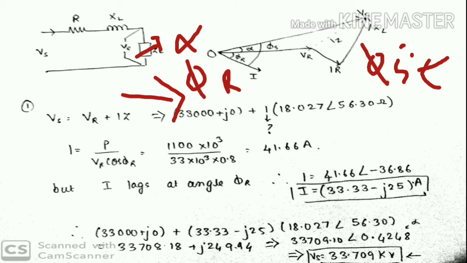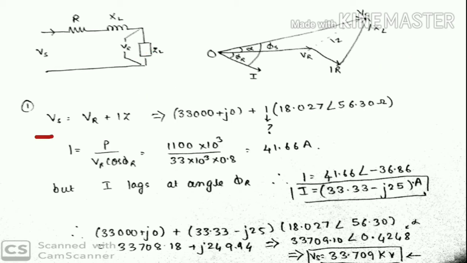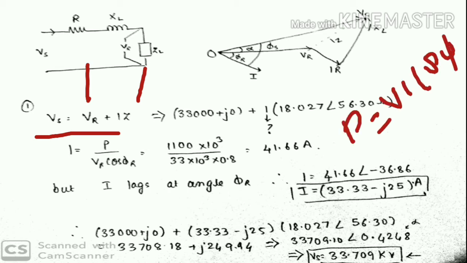So first we will find the sending end voltage. The sending end voltage is given as Vs equals VR plus IZ. So we have the value of VR and Z also, but we have not found the value of I. So first we will find the value of I by using the formula P is equal to VI cos phi for the single phase. By this formula we get I as 41.66 ampere. Previously I have told also the current is lagging at the angle phi r, which is minus 36.86.